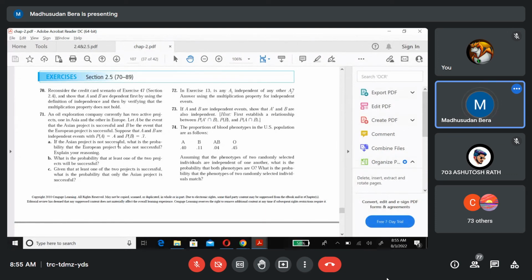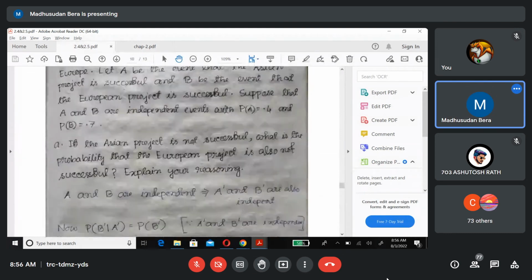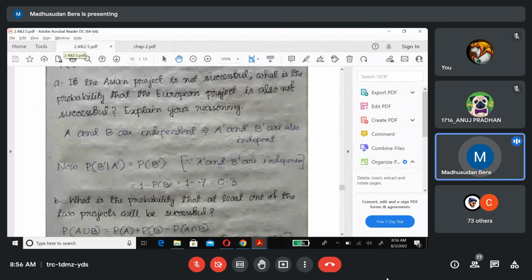So given A dash, we have to find P of B dash given A dash. Since A and B are independent, A dash and B dash are also independent, so we can use that result. P of B dash given A dash will be P of B dash, which is 1 minus PB. PB is 0.7, so it is 0.3.